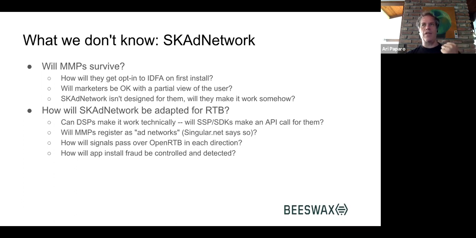The impression is shown, we have the IDFA, and then the user clicks, the IDFA is passed to the MMP, and then the user goes to the App Store, installs the app, and the IDFA is seen again by the MMP, and those two IDFAs are matched. So the opt-in rate for IDFA has to be squared, effectively. You need an opt-in on both the app that showed the ad and the app that installed the app.